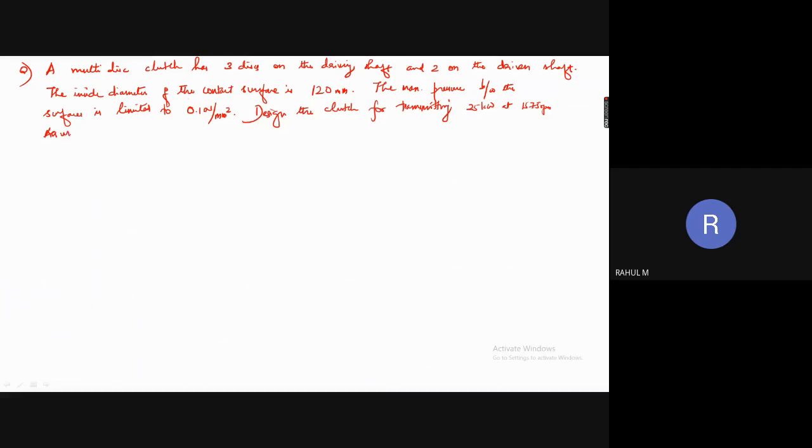Assume uniform wear condition and coefficient of friction as 0.3. Okay, so we'll solve this problem using this condition.